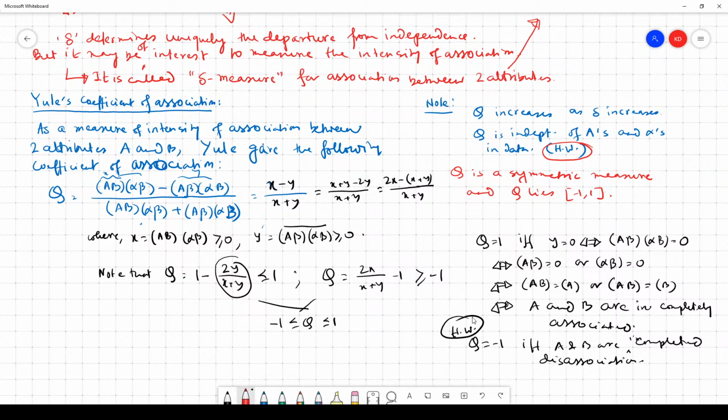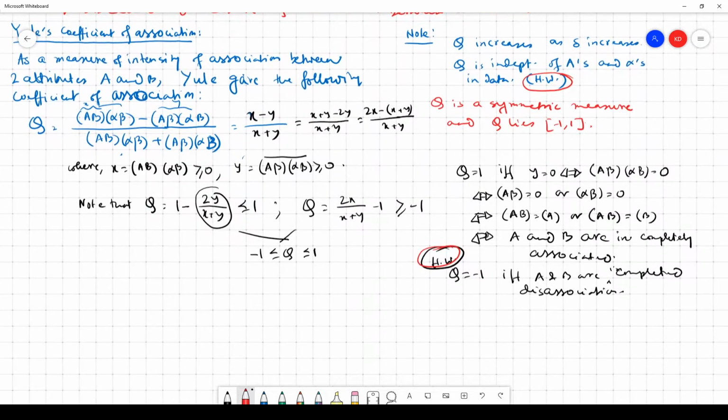So now the last measure for today's class, I'm going to discuss the Yule coefficient of colligation.